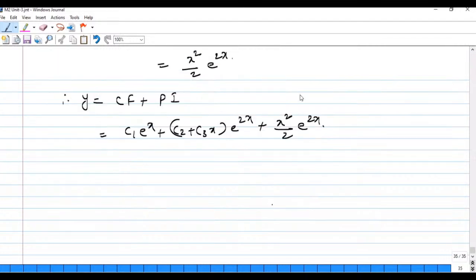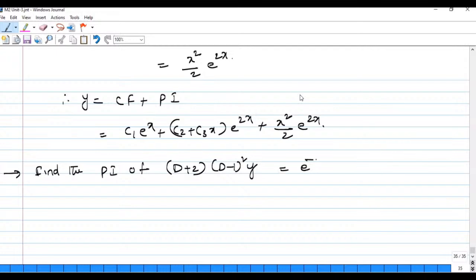Try the next problem. Find the PI of (d plus 2) into (d minus 1) whole square y equal to e power minus 2x plus 2 sinh x.